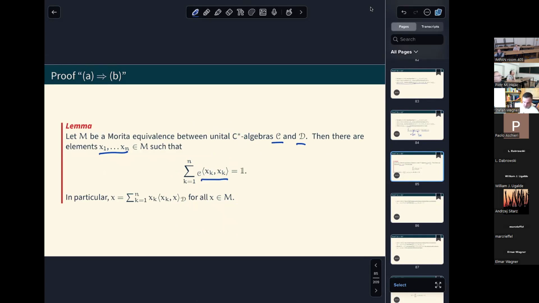And by using this Morita equivalence compatibility condition, you can even show, a kind of Fourier decomposition, that you can write each element X in this way. This is something we're going to reuse for the proof from A to B.